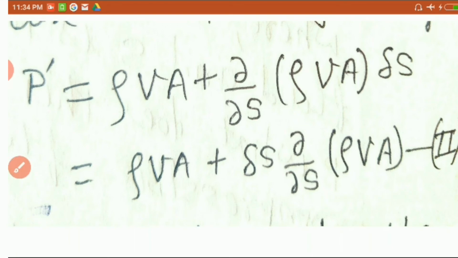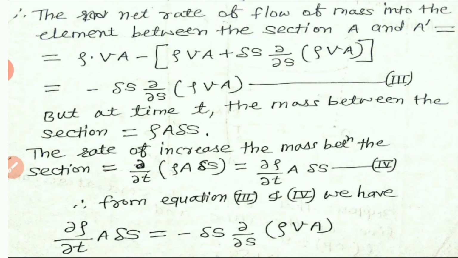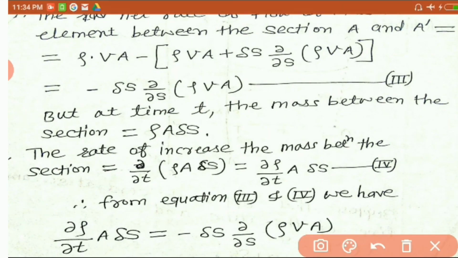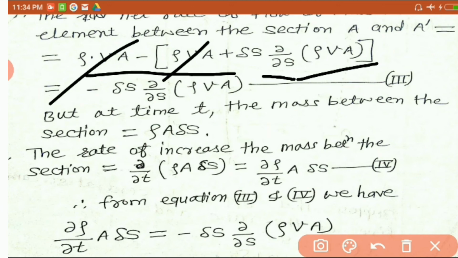Suppose this is equation second, and therefore the net rate of flow of mass into the element between the section A and A dash is rho va minus rho va plus delta s dou by dou s into rho va. So this will cancel, and we have minus delta s dou by dou s rho va.